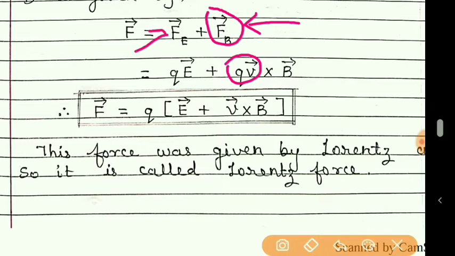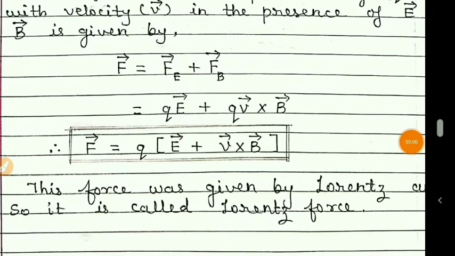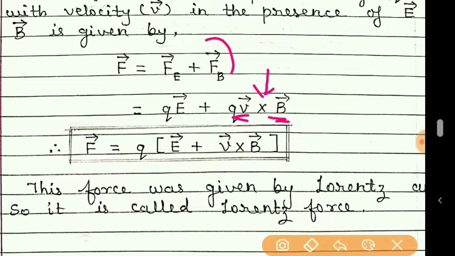Electric force acts on a stationary charged particle as well as the charged particle which is in motion. Now students, whenever there is a cross product between two vector quantities, then the direction of the resultant quantity is given by right hand thumb rule.